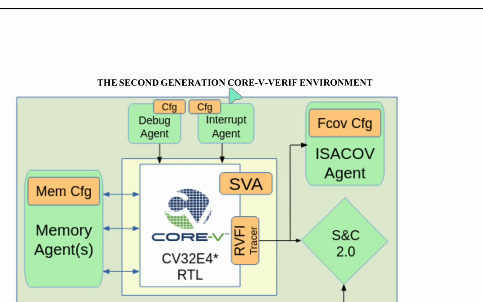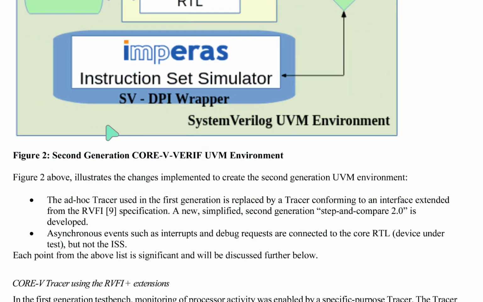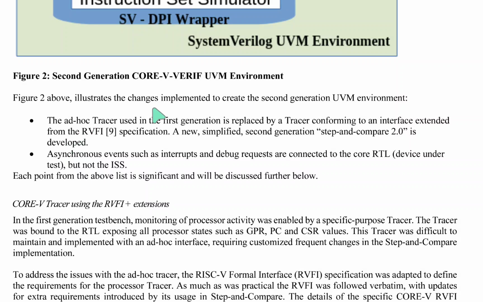This is the second generation CORE-V verification environment. Figure 2 is the second generation CORE-V verification UVM environment. Figure 2 above illustrates the changes implemented to create a second generation UVM environment. The ad-hoc tracer used in the first generation is replaced by a tracer conforming to an interface extended from the RVVI specification.